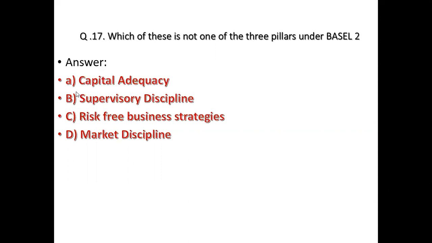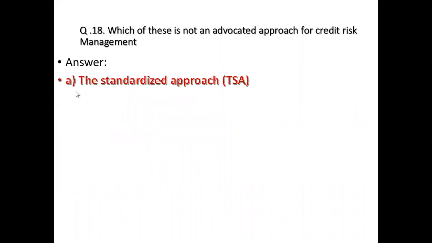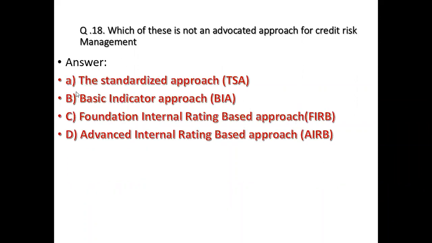Which of these is not among the three pillars of Basel 2? They always ask about the three pillars: capital adequacy, supervisory review, and market discipline. This is only memory. Understood, friends? Which of these is not advocated for credit risk management?